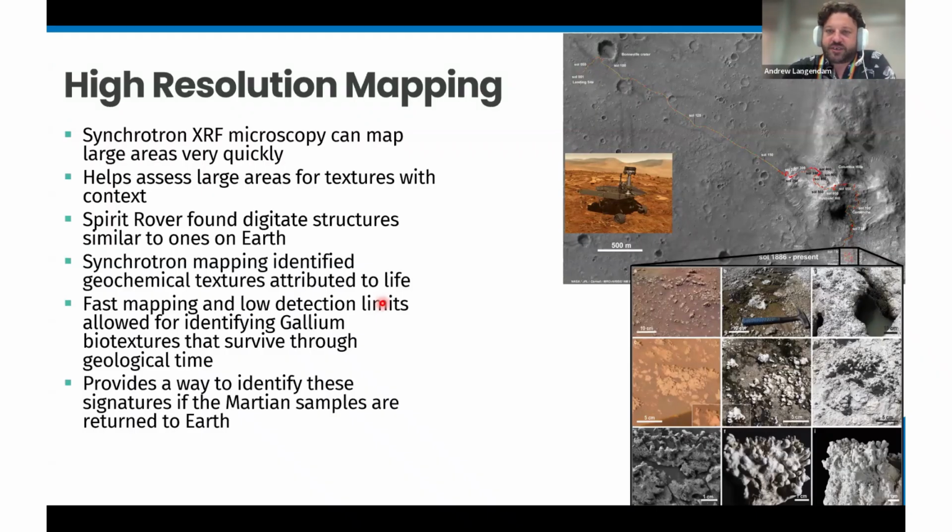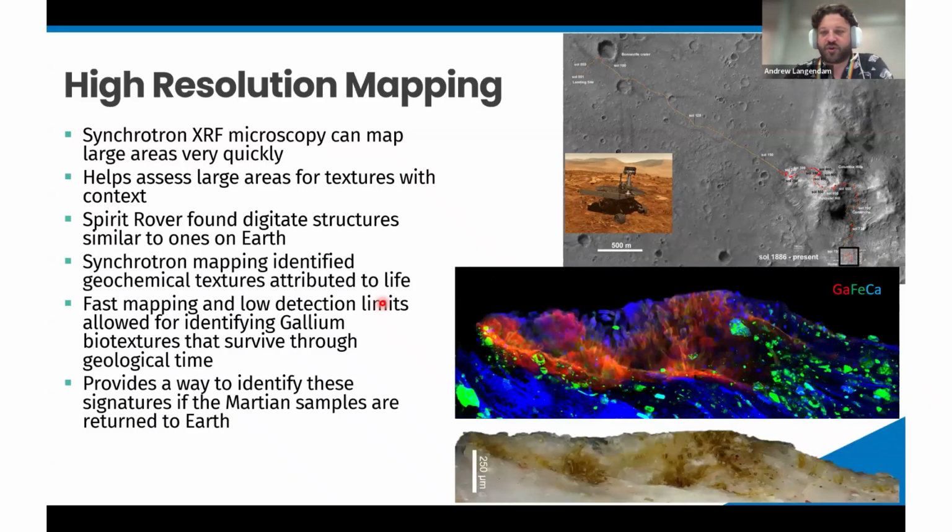So the idea of this project is to look at the stuff on Earth and to see what biosignatures are left behind by those microbes. And if you cut them open and put them on the beamline, you can find that not only can you see these filamentous structures from these microbes in visible light, but you can then also track them with a number of different elements. Here, you've got calcium that can be shown in these ends of the filaments.